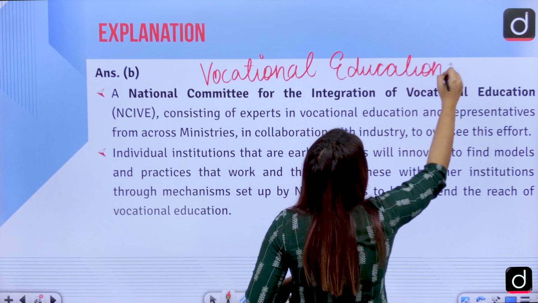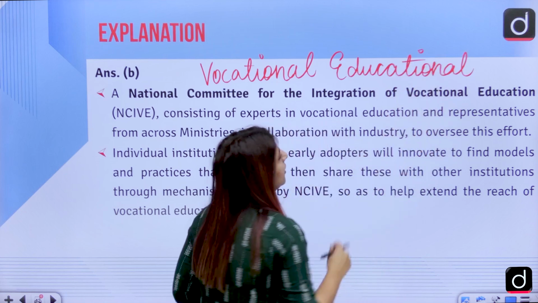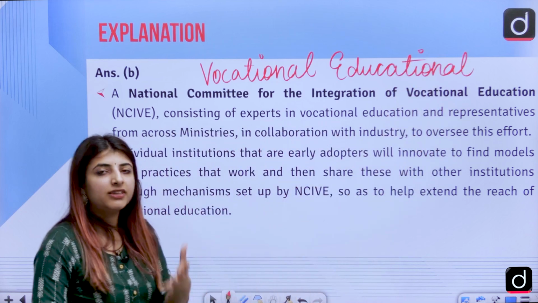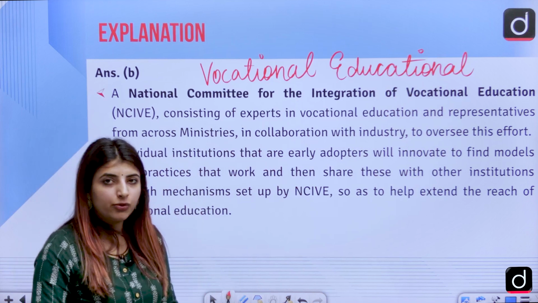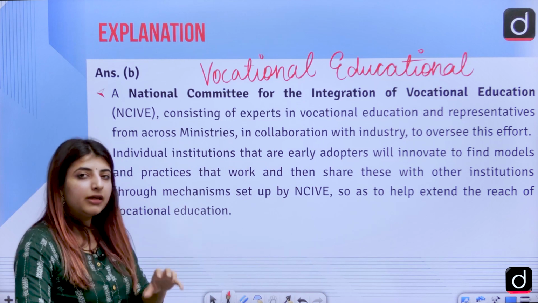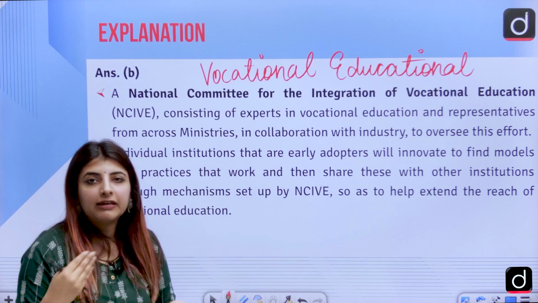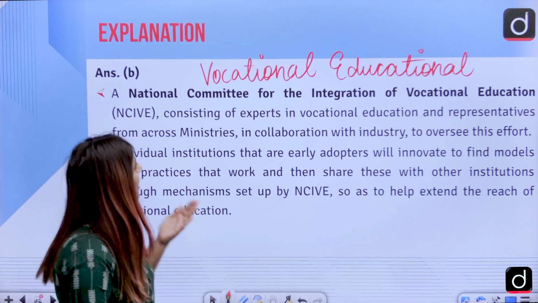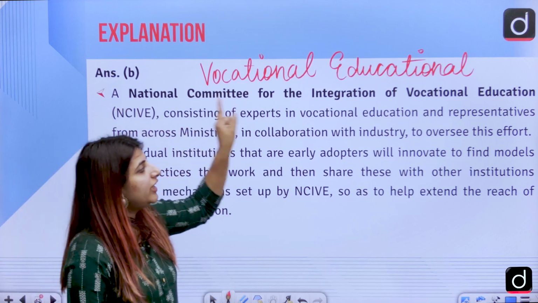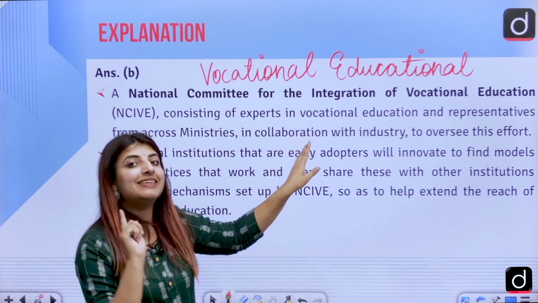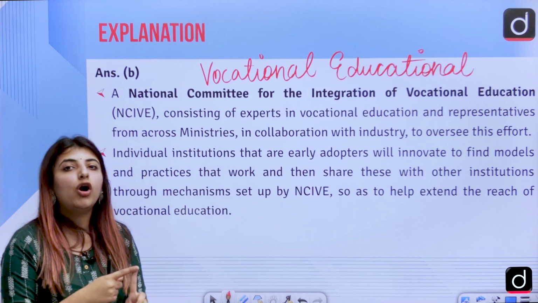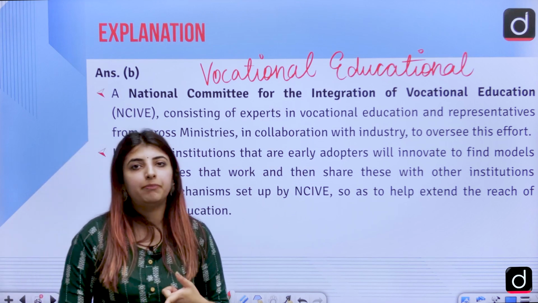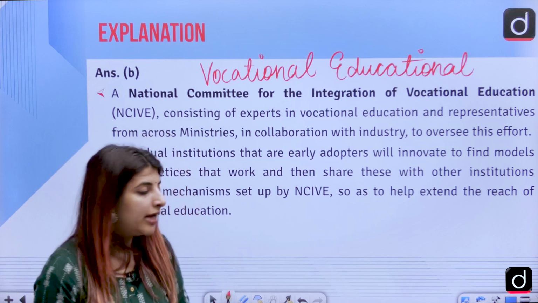Vocational education is something which is related to the career aspect of students, that what are they going to become in future, the education that the people require for their vocational careers, for their jobs, etc. Right? So National Committee for the Integration of Vocational Education, as the name suggests, is for the purpose of providing people with vocational education, right?